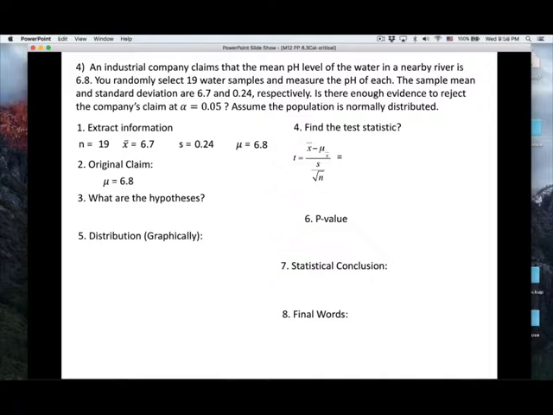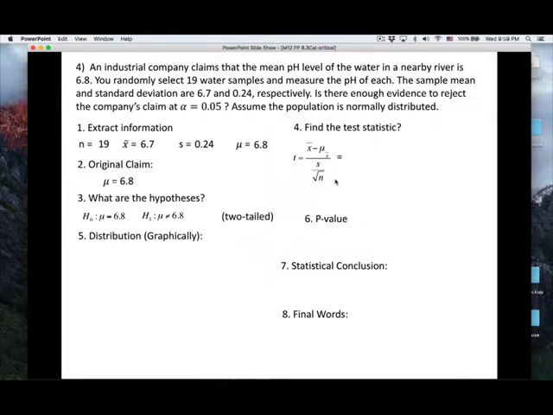Okay, now figure out your hypotheses. You have an equal and not equal to, right? Which tail test are you working on: left tail, right tail, or two tail? Two tail, right? Now plug these numbers into your formula and use your calculator.